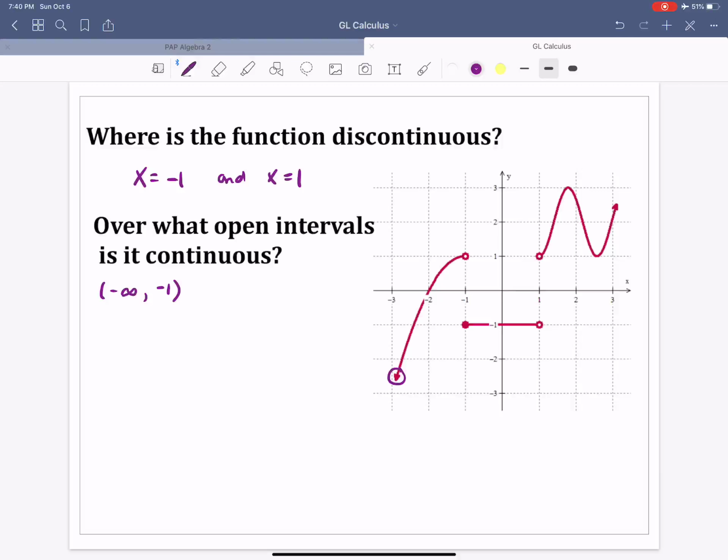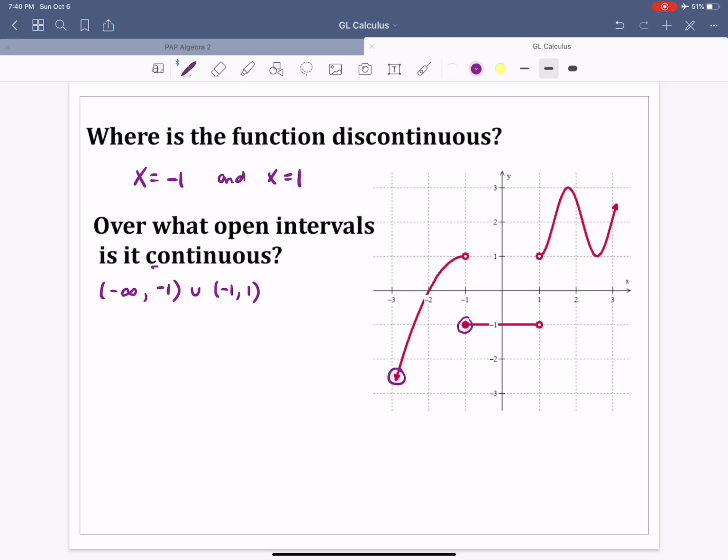Now, then we jumped, so we're going to have multiple parts of our intervals here, so we're going to use unions, okay? So then we jump down to -1, and we go to +1. Now, there might be somebody asking the question, well, Cosette, this is a closed circle, so why didn't we use a bracket, okay? Because at this point, x equals -1, it's discontinuous.